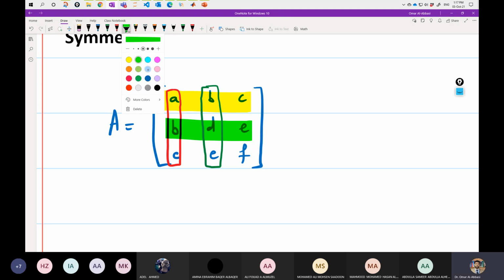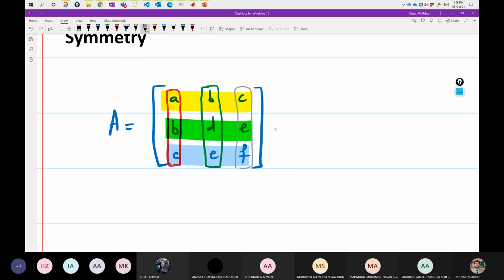And finally, you see that C, E, and F matches C, E, and F. If that was the case, what do we say? We say that the matrix is symmetric. A is symmetric, right?